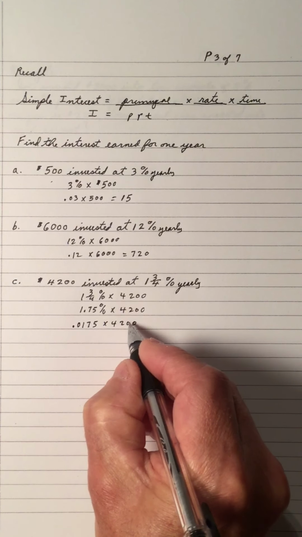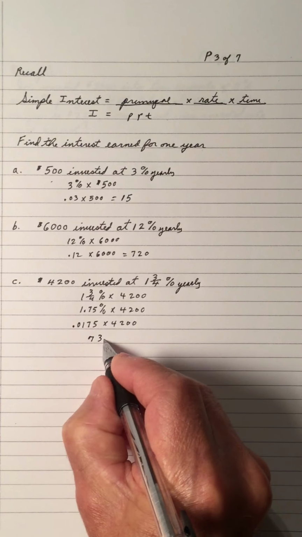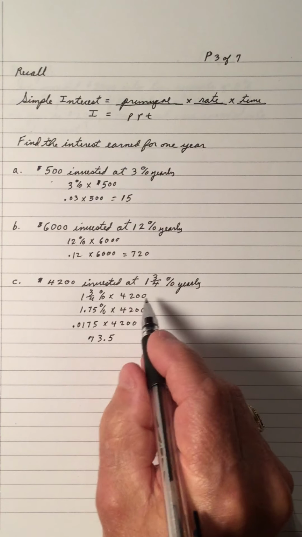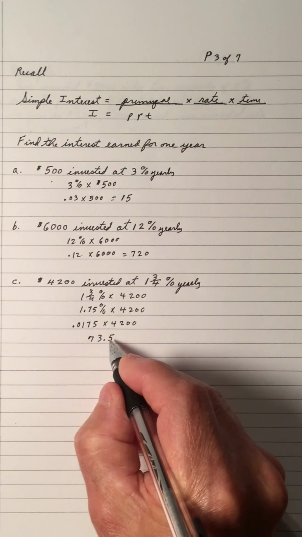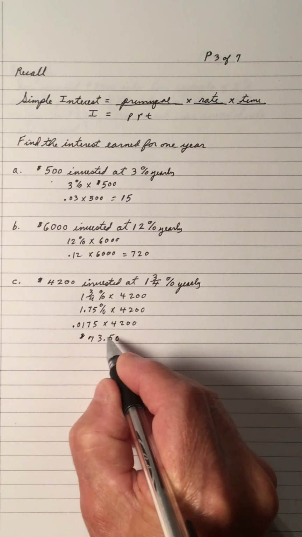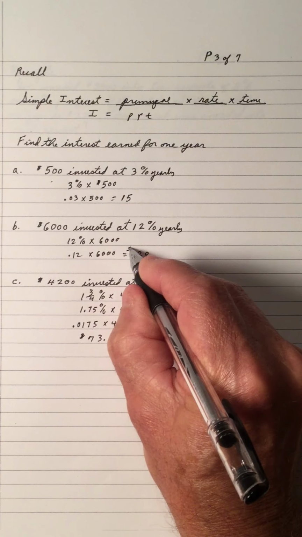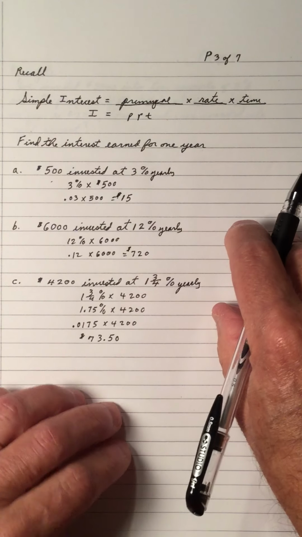And when you multiply that out with a calculator, you'll get 73.5. So that's the interest that you gain in 1 year. And this is all in terms of dollars, so we make that $73.50. This is $720, and this is $15. Just a review of simple interest.